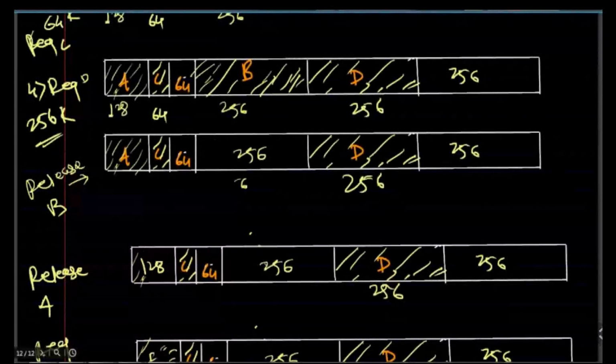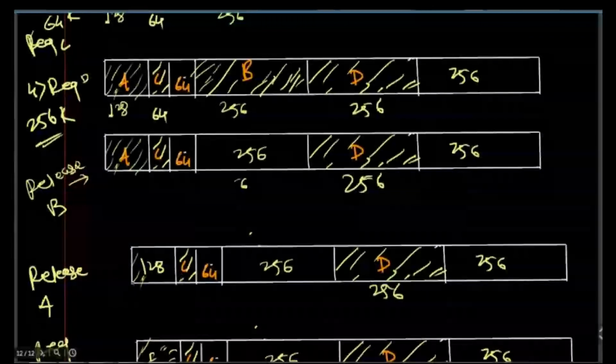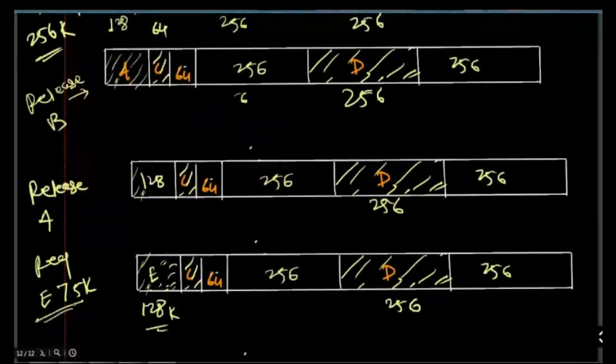But here we have no chance to merge, because this is 128 but the block adjacent to it is occupied. This is 256 but adjacent to it is a 64. Whenever you are merging, those partitions should be of equal size. So there is no chance of merging.